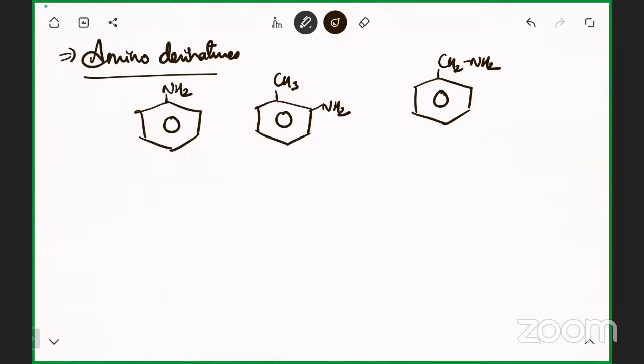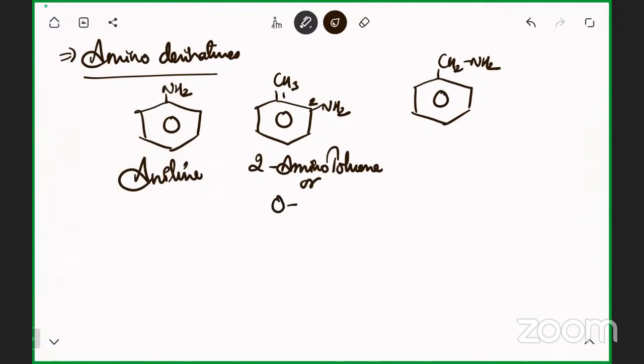Okay, the last one you will tell, starting with the first, I will tell. Benzene with NH2 is known as aniline. Here, the priority is given to the CH3, then 1, 2. It will be 2-aminotoluene or orthotoluidine, TOLUIDINE.